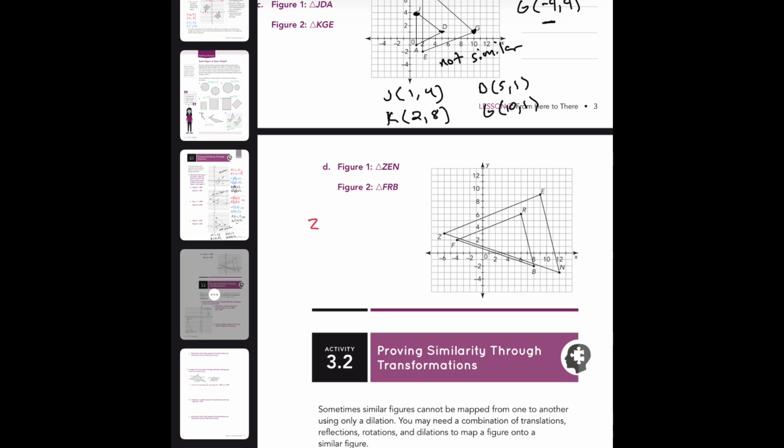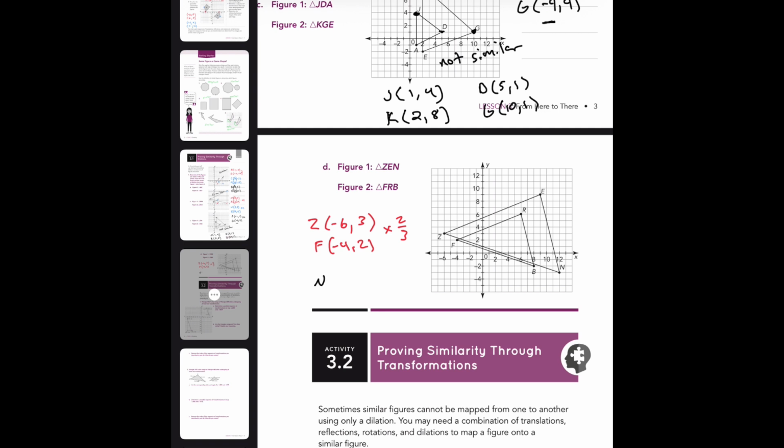All right, well, if we do test this one, you should have found that these are similar. Point Z corresponding to point F, and that is multiplied by a scale factor of 2/3. 2/3 of -6 will get us a -4. And you'll find the same among all the other points.